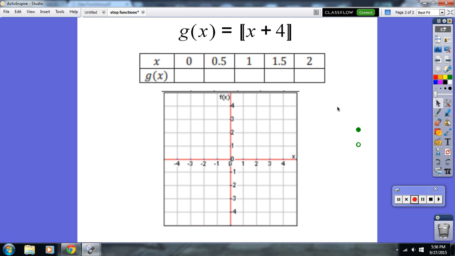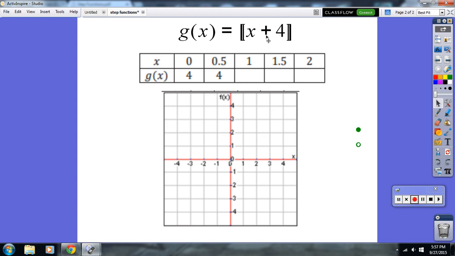So the first thing we're going to do is we're going to take these x values, plug them into our function, get a y value, so we can get an idea of what our greatest integer function graph would look like. So if I plug in 0, 0 plus 4 is 4, greatest integer would be 4. If I plug in 0.5, 0.5 plus 4 is 4.5, and again I round down to 4.